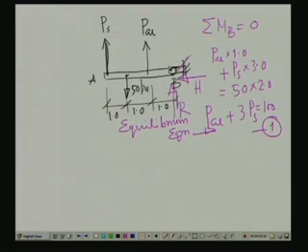As we see, we have 2 unknowns and 1 equation, from which we cannot really solve for these unknown forces. So, we need an additional condition from which we can evaluate these forces.